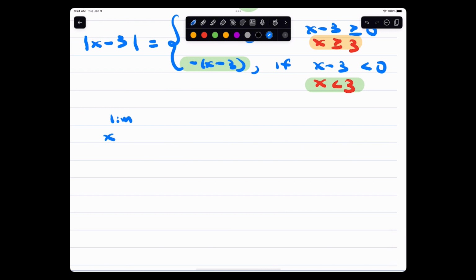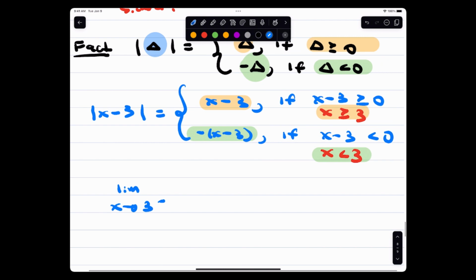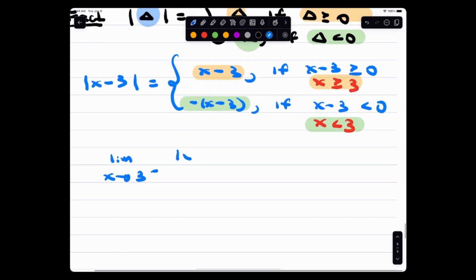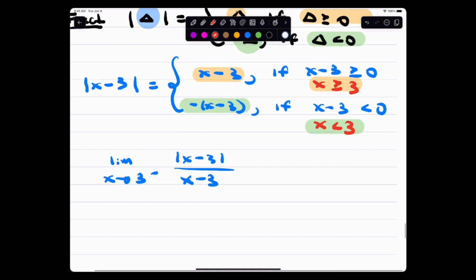You have to say, what's the limit as x goes to 3 from the left? Okay, now let's be careful here. The absolute value of x minus 3 over x minus 3. Now, if you're going to 3 from the left, which piece for the absolute value do you use? Why the green one?